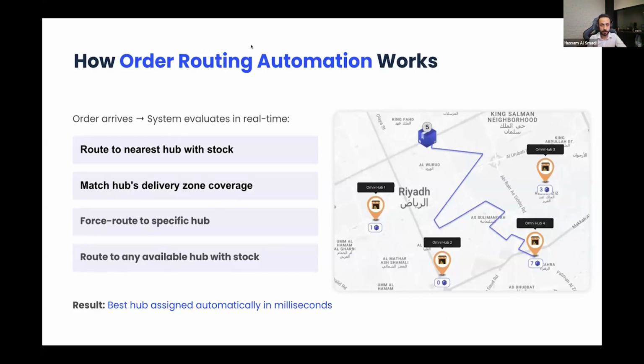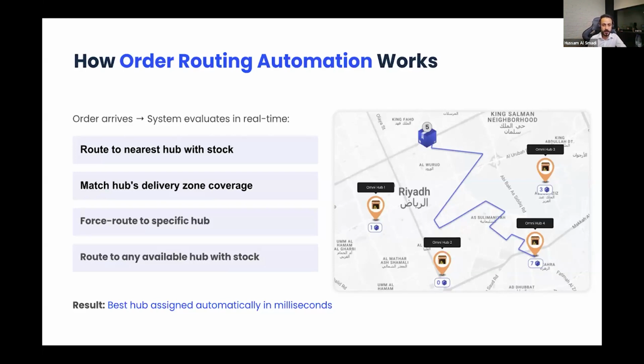The order will come from the source of order, which could be a sales channel, marketplace, etc. And he wants to route this order to a specific branch or warehouse, depending on the availability of the stock, the location of the order, and the location of the branch itself.